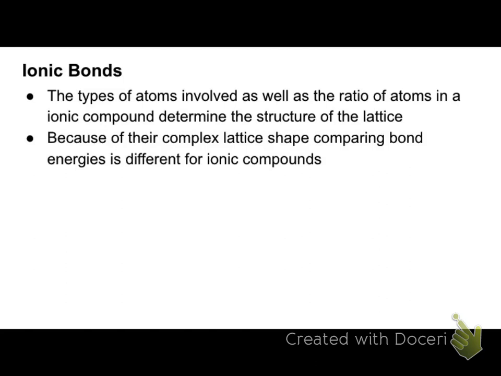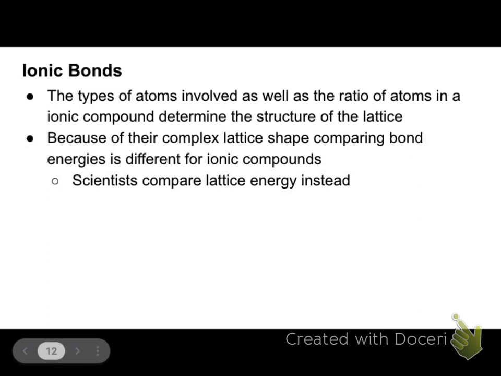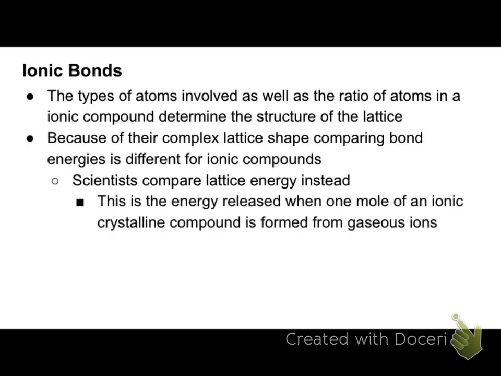And because of their complex lattice shape, comparing bond energies for ionic compounds is not as easy as just measuring the energy when a bond is broken. Instead, they measure lattice energy. Scientists measure lattice energy by measuring how much energy is released when 1 mole of an ionic crystal compound is formed from gaseous ions. So they take the ions that would form this compound and put them in gas form, and then they cause them to form into their crystal compound, and they measure how much energy is released for 1 mole of that.